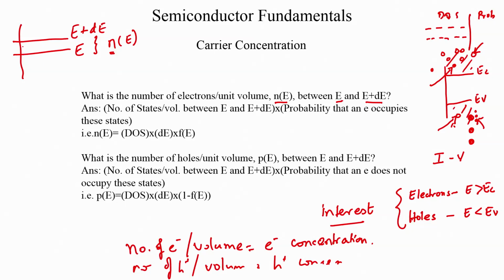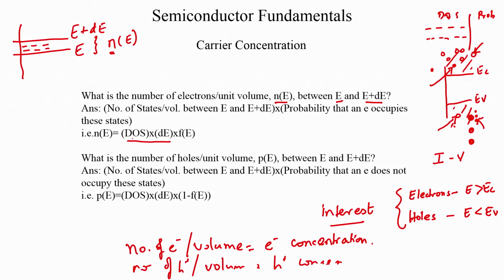You need to first know how many states are there for the electrons to occupy. If there are no states, there can be no electrons, because electrons have to have a state to occupy, because these states are essentially the solutions of Schrodinger's equation. So, you need to identify the number of states per unit volume between E and E plus dE, which is nothing but the density of states times dE.